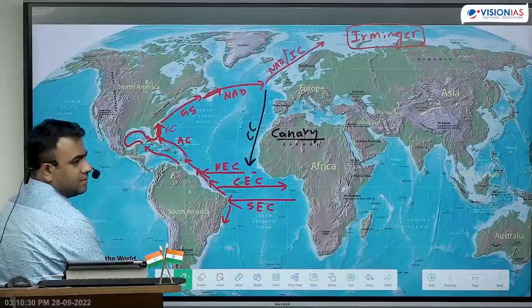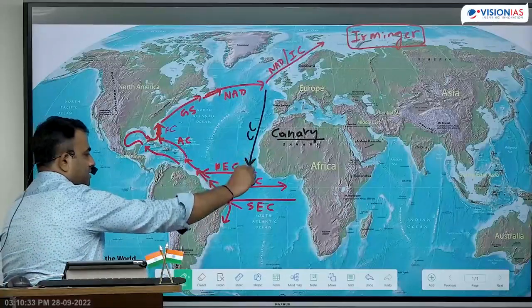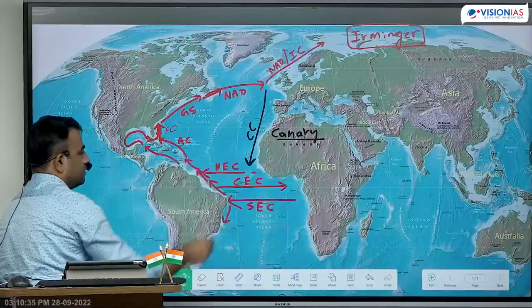Is that right? See, coming back, the Canary Current will join the North Equatorial Current.